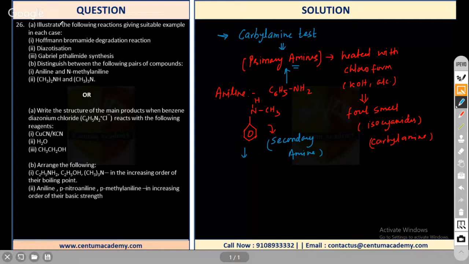What is this reaction? What is the major product here? Why do we use this reaction? For the formation of what? For the formation of amines.